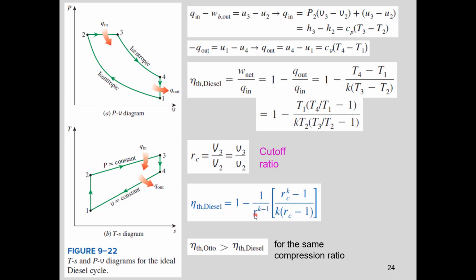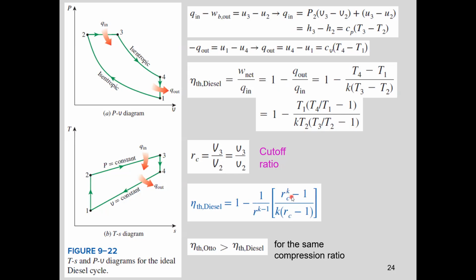One is R. What is R? Okay, R is the compression ratio. RC is, we just defined as cutoff ratio. And what is K?